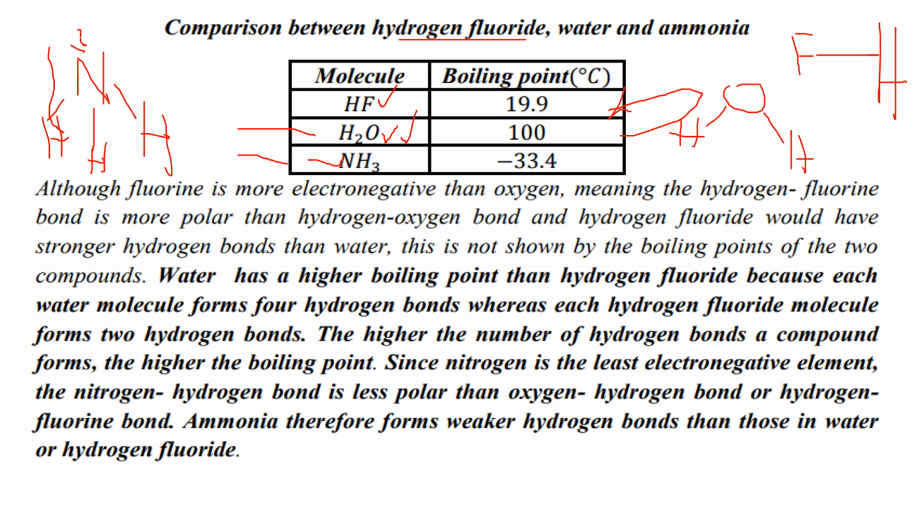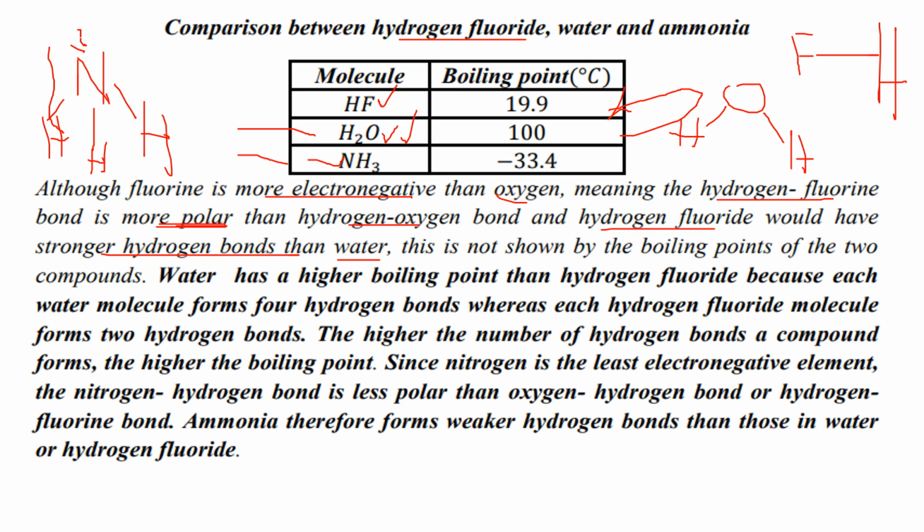So we're going to be saying that although fluorine is more electronegative than oxygen, meaning that hydrogen fluorine bond is going to be more polar, and I told you that the hydrogen to fluorine bond is going to be more polar than the hydrogen to oxygen bond, and therefore hydrogen fluoride would have stronger hydrogen bonds than water, because I told you that when you're dealing with covalent compounds, the more polar a covalent compound is, the stronger the bonds within it.